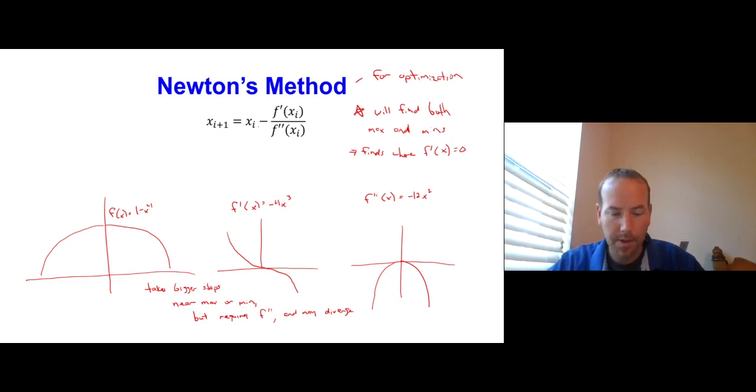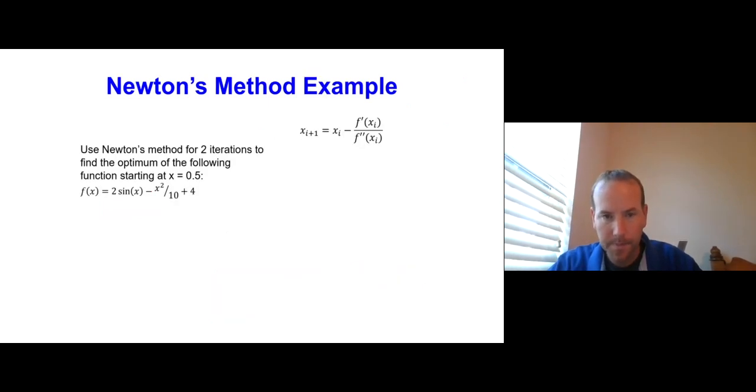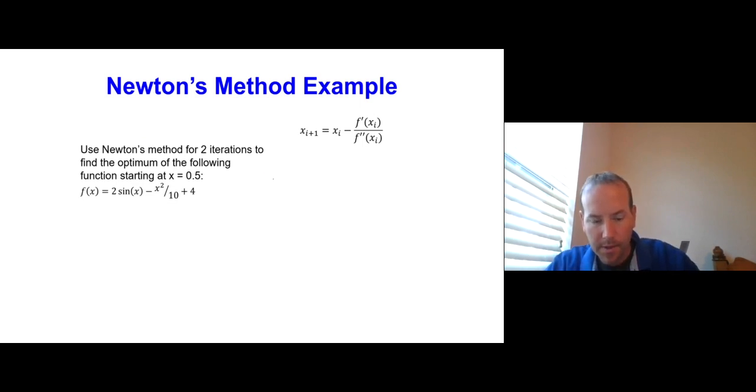So let's look at how you would apply that in an example. We're going to use the same formula that we've had before so that we can compare the performance. And we say that x0 is 0.5, and we'll do a couple kind of simple calculations that help us along the way.